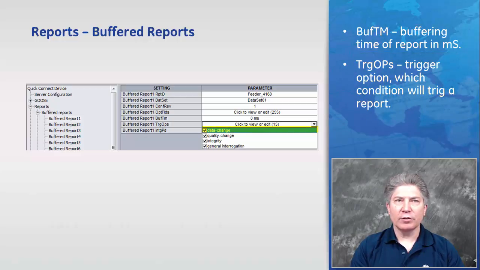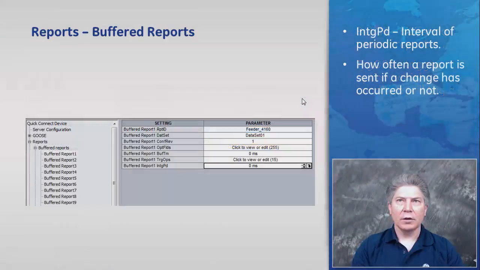The options are data change, quality change, integrity, and general interrogation. The last setting on this page is the INTG-PD, which is the interval of periodic reports. So the question is, how often is this report being sent, whether a change has occurred or not. And this report time is in milliseconds.